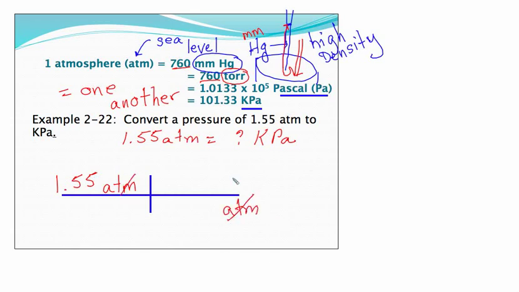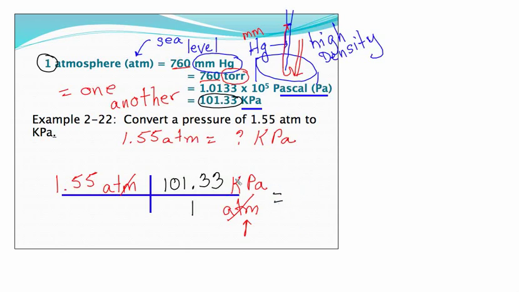Atmospheres, opposite to cancel. I want kilopascals. I strongly encourage you to put in units before you worry about numbers. Now we can go over to these numbers. There's a 1 in front of the atmosphere, so I'll put a 1 there. And there's a 101.33. Sometimes you'll see it as 101.32 kilopascals.